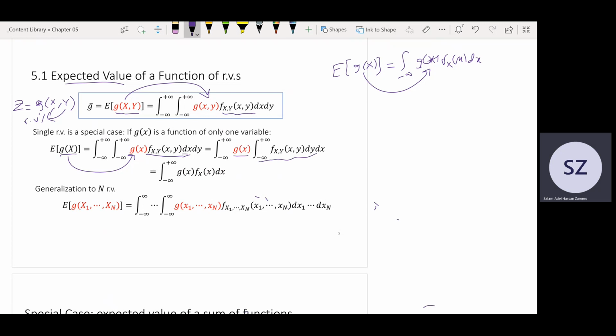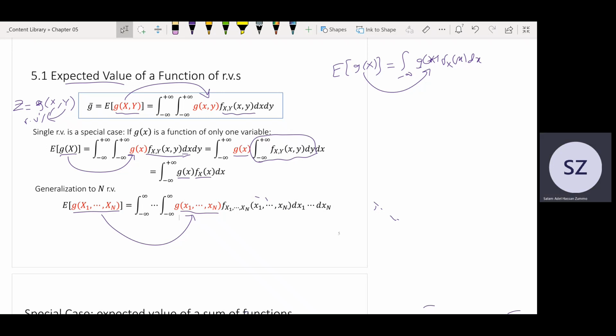So what is this? The marginal PDF of x. So basically, I can write this in terms of g of x multiplied by the marginal PDF of x, which is equal to what we have done before. So you can see that this is a special case when you have a function of two random values. For generalization, you can have a function of n random values. Similarly, you multiply by the joint PDF of the n values. This is the concept.